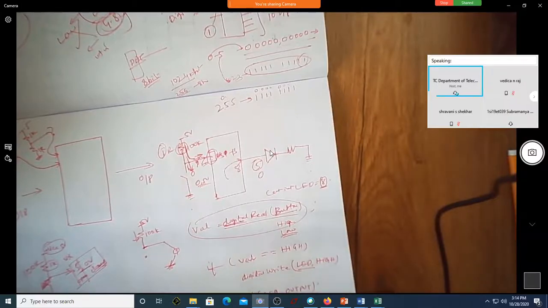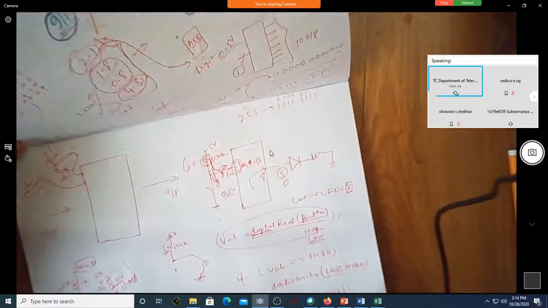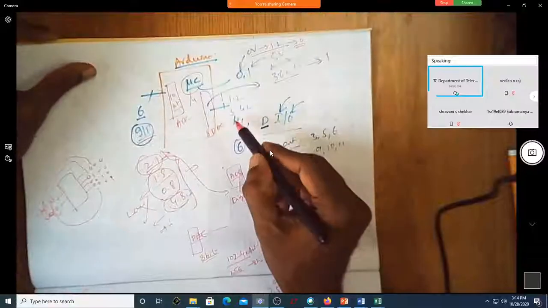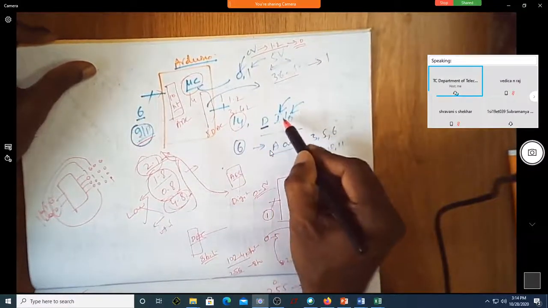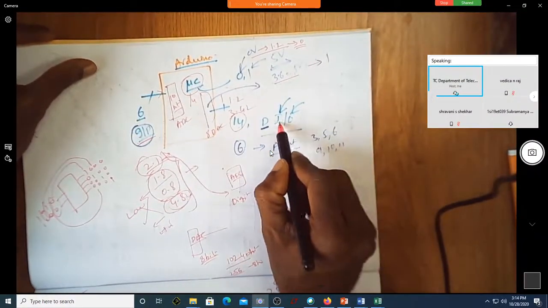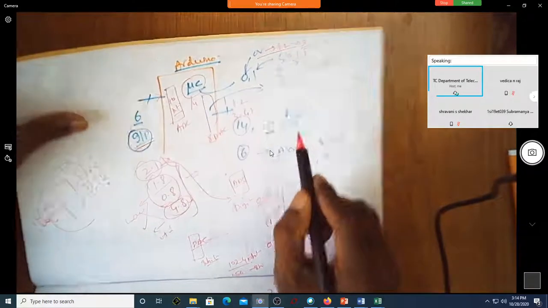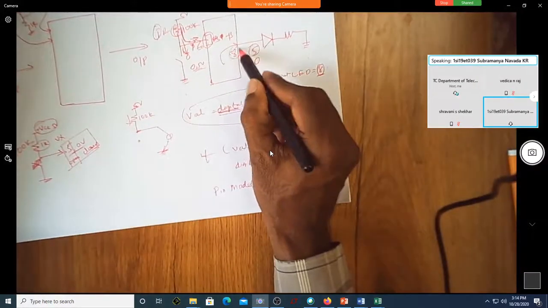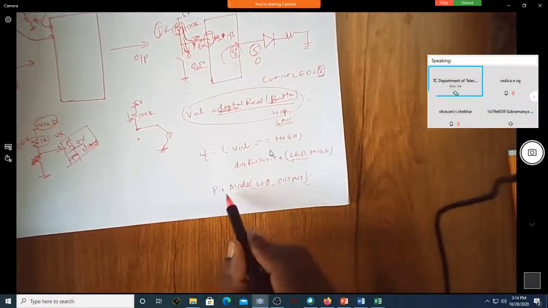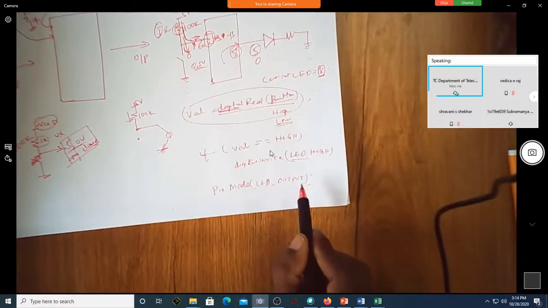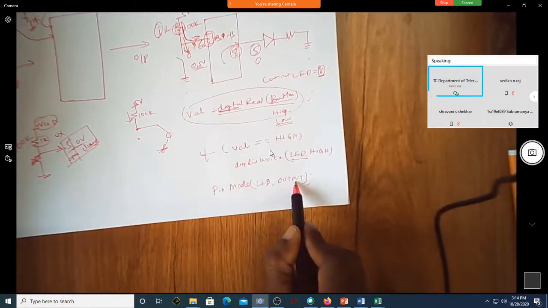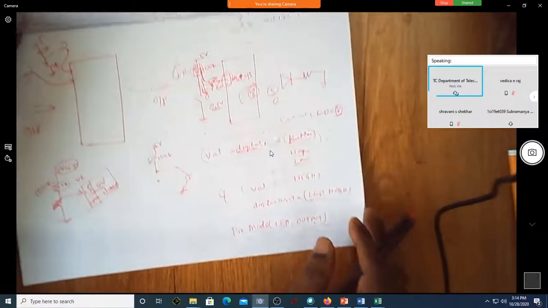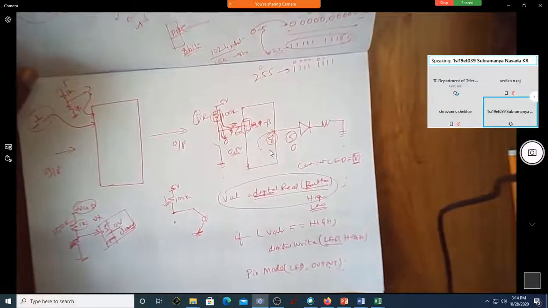Why do you have to specify this? Because as I said, these are 14 digital IOs, and you need to specify whether it is input or output. Now I know that this is an output, so I am specifying it as pin mode LED output. Correct? Got it.